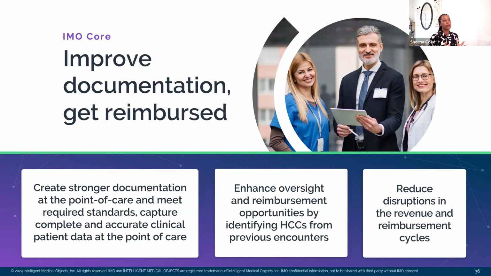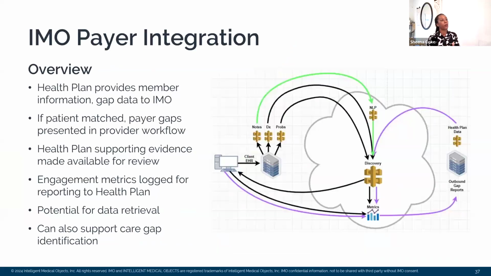A really great example of this is work that we currently do with payers and providers. So what we'll see on the next slide is an example of what an IMO payer integration could potentially look like, right? And so you'll see here in this overview, the health plan provides IMO with member information and gap data. If a patient is matched, the gap data is presented to the provider in workflow, and then the health plan provides supporting evidence that's made available for review.